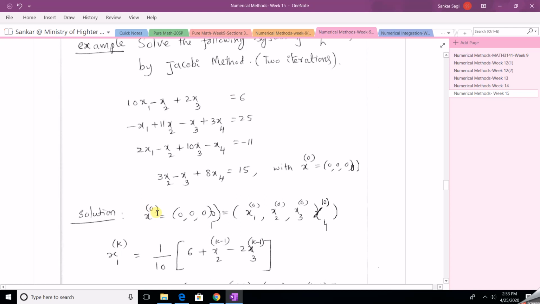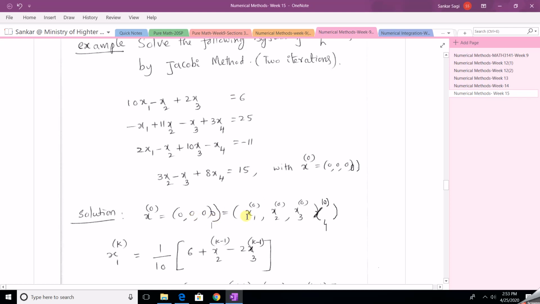This x vector has 4 values, x1, x2, x3, x4, and all 4 values initially are zeros.